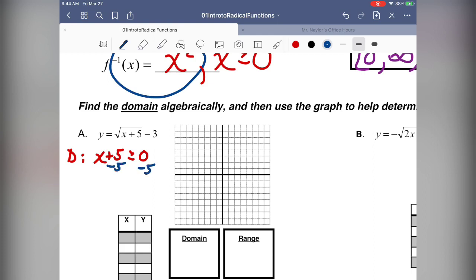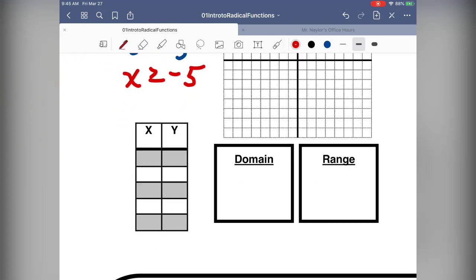And, of course, when you solve this with some simple algebra and end up actually getting x is greater than or equal to negative 5, then you're able to start to generate your table of values. You see, your table of values would have to start at negative 5. And as it says, to be greater than negative 5 would give us some additional numbers that we could plug in.